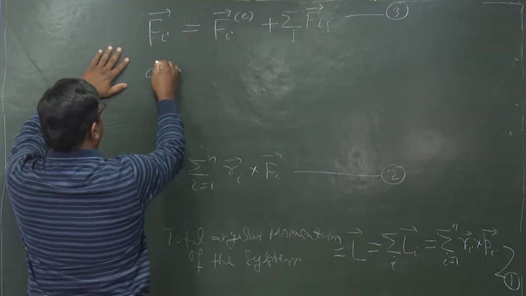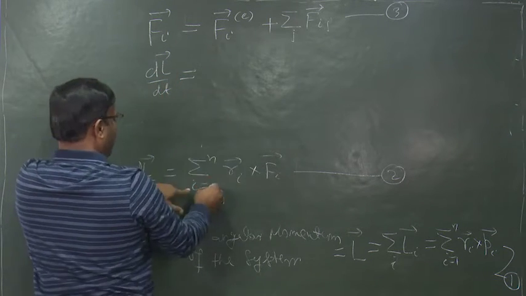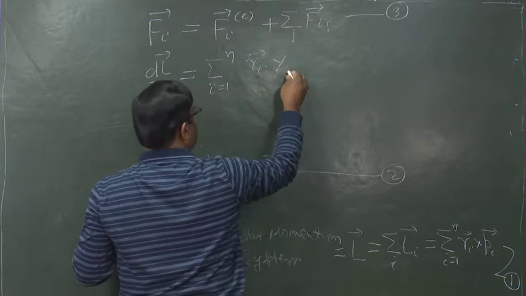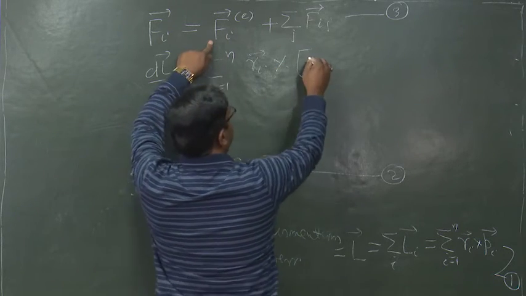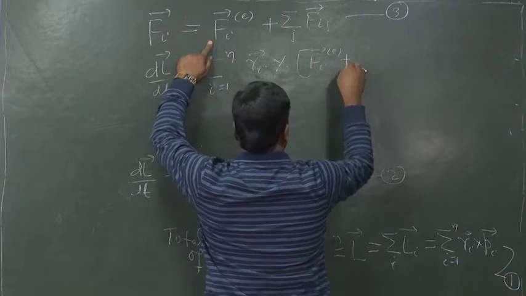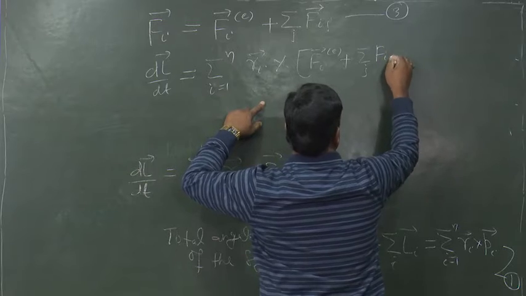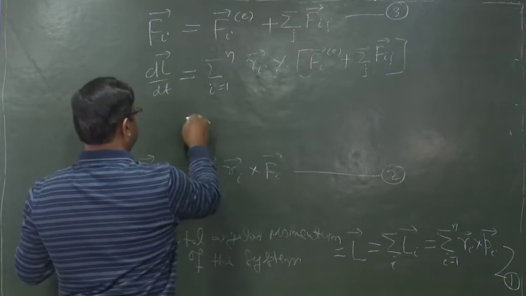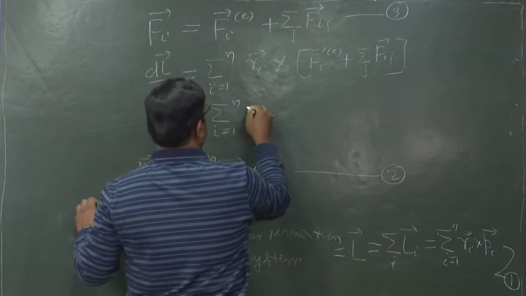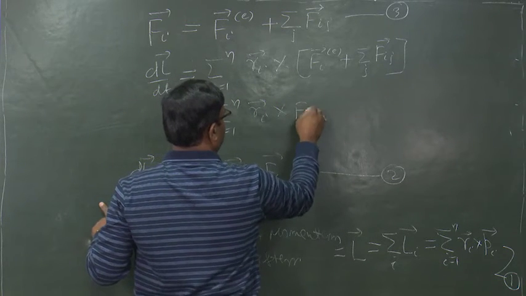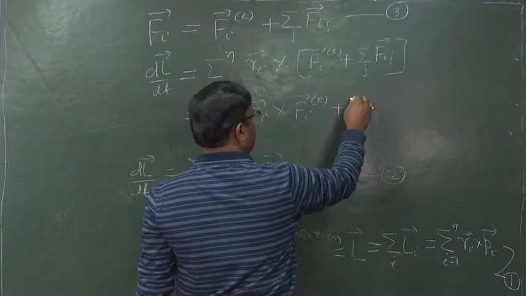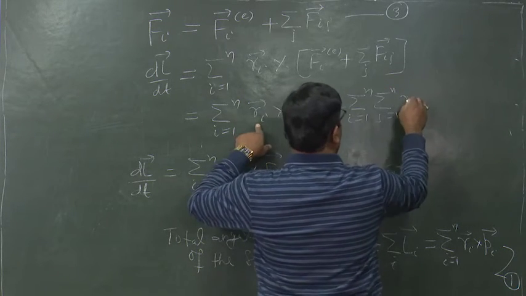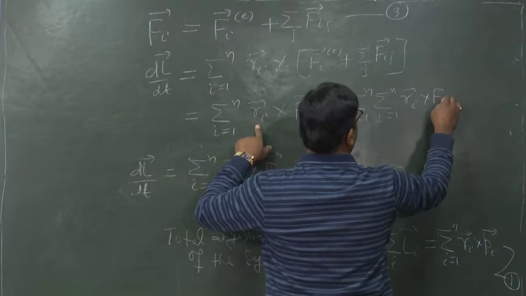Now our dL by dt will become the sum over i equal to 1 to n of Ri vector cross, in place of Fi, Fi external plus the sum over j of Fij, and on expanding this we can write the sum over i equal to 1 to n of Ri cross Fi external plus the sum over i equal to 1 to n, sum over j equal to 1 to n, of Ri cross Fij.